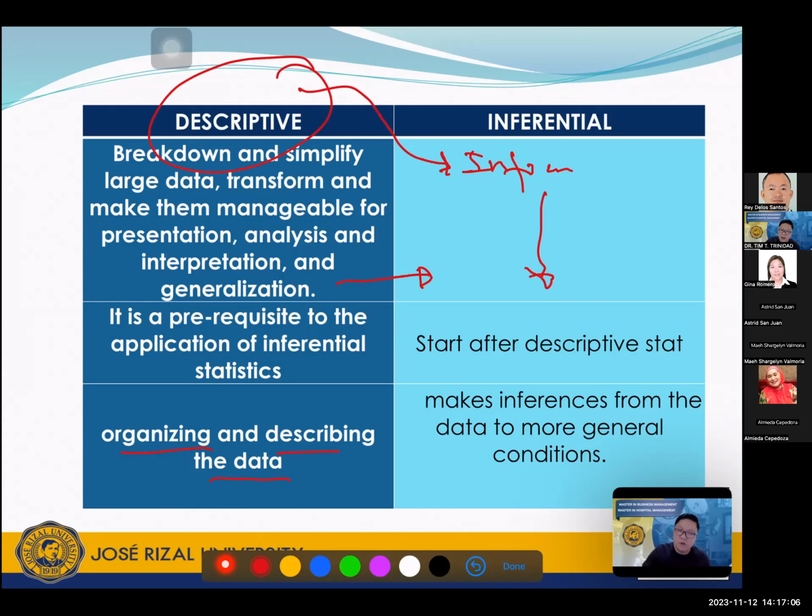So in your inferential test or inferential statistics, you will be generalizing or making conclusions about the mean, the median, and the mode, or about the information that you get from descriptive. So it will be a continuation. So descriptive can stand alone, but inferential tests cannot proceed without gathering information from your descriptive stat, because this will be the information that you're going to use when you do your inferential testing.